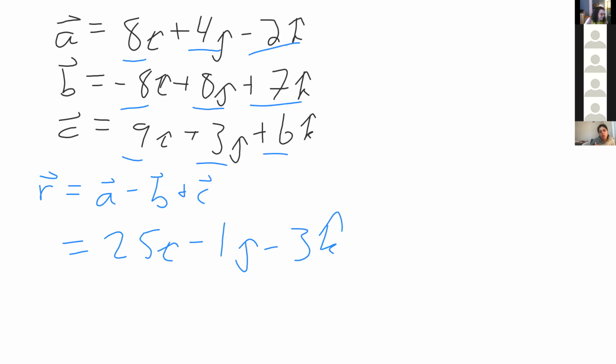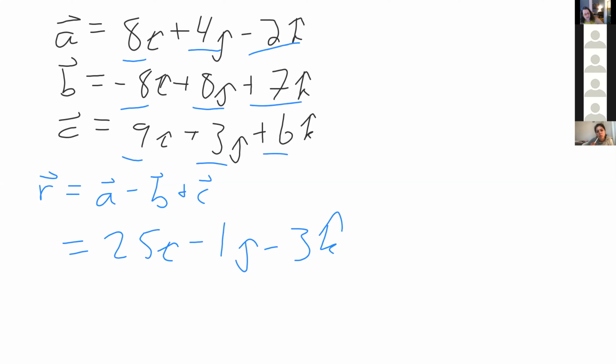Part D asks us to calculate the angle between this r vector that we found and the positive z-axis. So I've talked about finding the direction off of the positive x-axis.